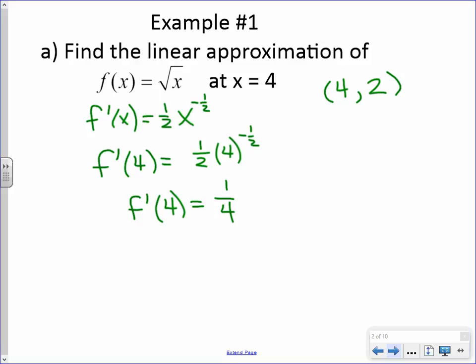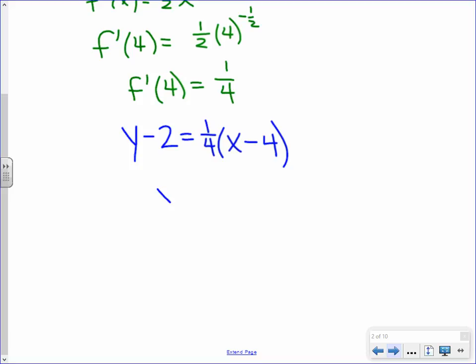So our tangent line equation would be y minus y equals slope times x minus x. And since we're going to use this line to approximate a value, let's go ahead and add that 2 over. It doesn't matter if you add it in the front or the back, right? Addition is commutative.